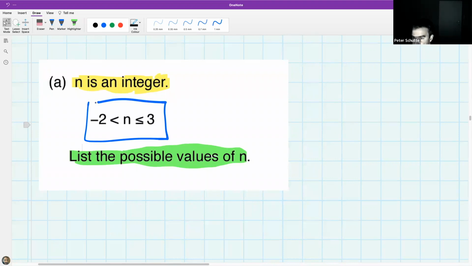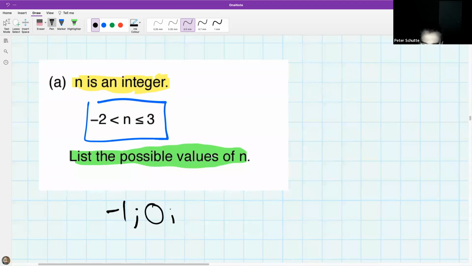So one of the answers, Kat, is -1. You're absolutely right. I agree with you. What are the other answers? So -1 is one of them. And then we have a 0, and then a 1, and then a 2.